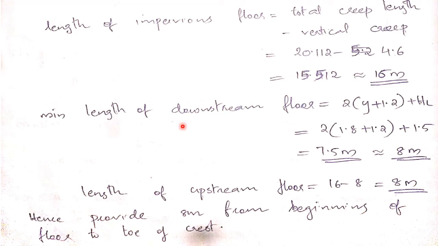Now minimum length of downstream floor, the same equation we used earlier, its value is 7.5, approximated as 8 meters. So downstream floor, that is from the toe of the crest wall to the downstream end, is 8 meters. So length of upstream floor is equal to 16 minus 8, that is equal to 8 meters. Hence provide 8 meters from the beginning of the floor to the toe of the crest.